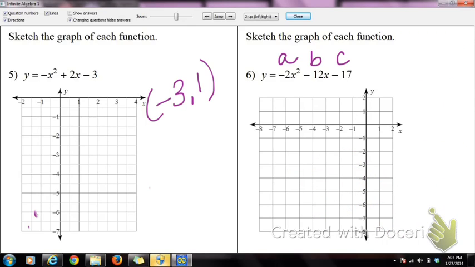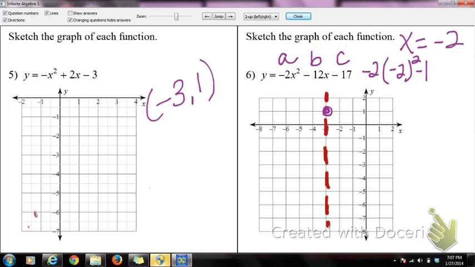We can go ahead up here and put the negative 3, comma 1. Maybe some of you want to draw your axis of symmetry in right away. And then you want to go ahead and pick some values to the right. So let's try x equals negative 2. Once again, to plug that in, you have negative 2, and negative 2 is going to be squared. You have negative 12 times negative 2. And we'll squeeze that negative 17 below.